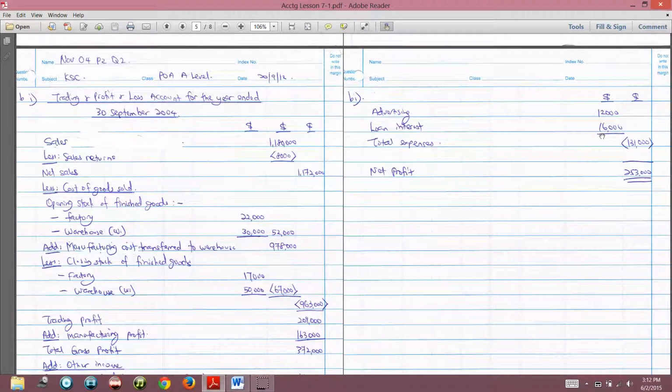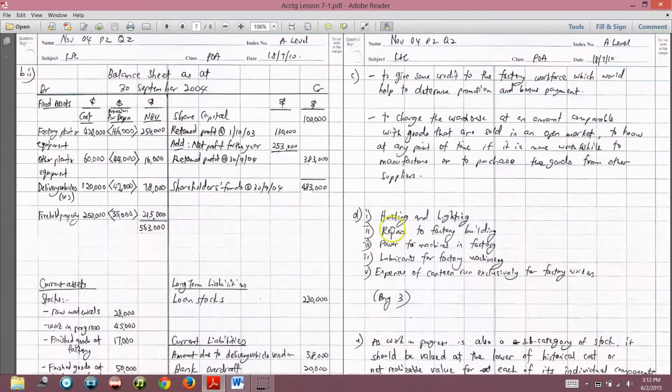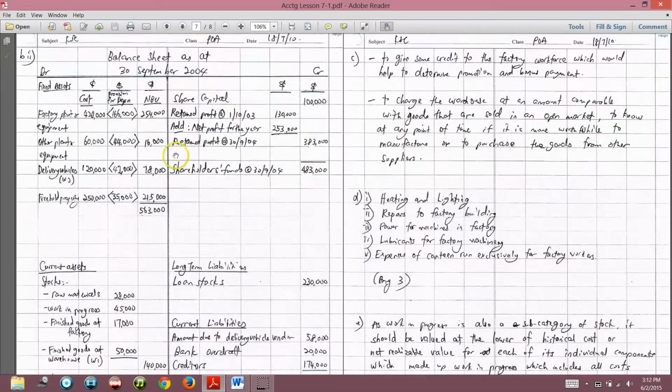That's why practicing is very important, because by practicing, you can organize yourself in your own way, and from there you can improve. So fixed asset, I have organized it cost, provision for depreciation, and net book value, and then I will try my best to put in all the figures.